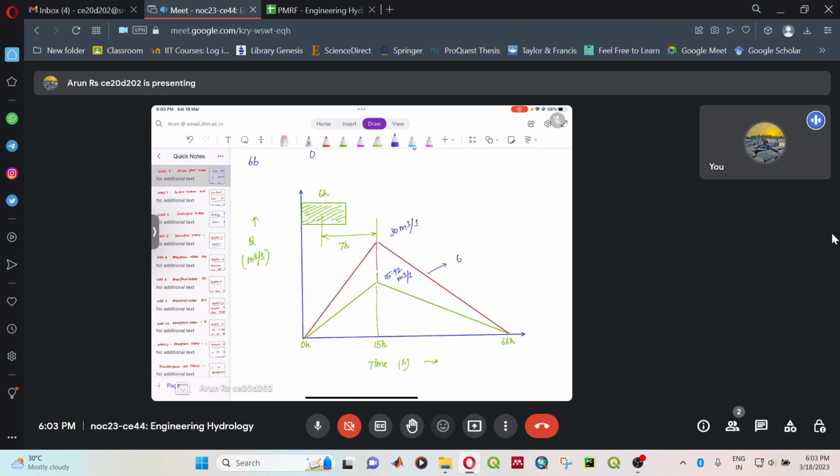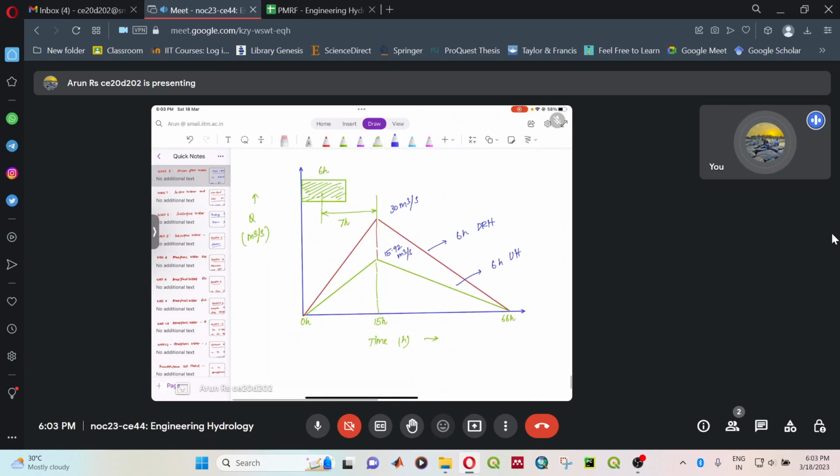And this is the 6 hour DRH. And this is the 6 hour unit hydrograph. So this is how you represent it graphically. So that's it for today's session. I hope this is useful for you in the competitive exams. Thank you.